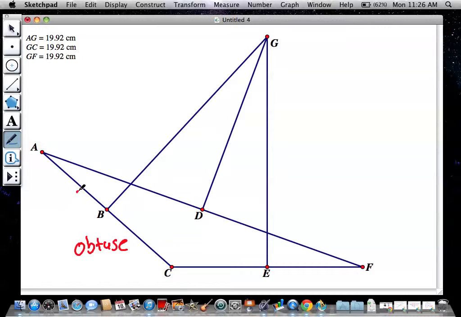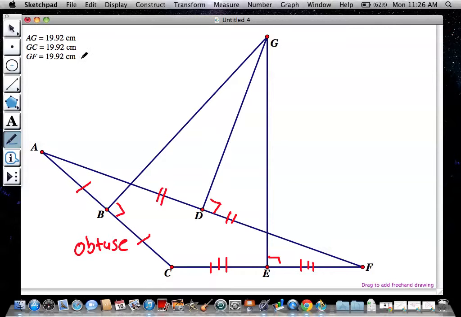So here, once again, it's the bisector. So that's perpendicular. Bisector here, 90 degrees. 90 degrees. This is also the bisector. So G would be the circumcenter of triangle ACF. And notice A to G, 19.92.